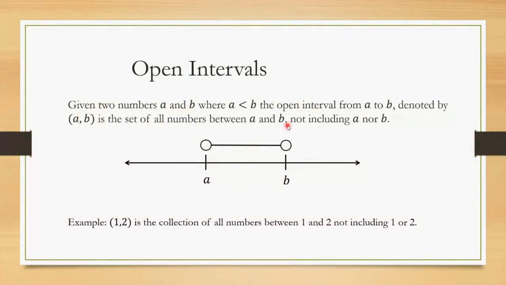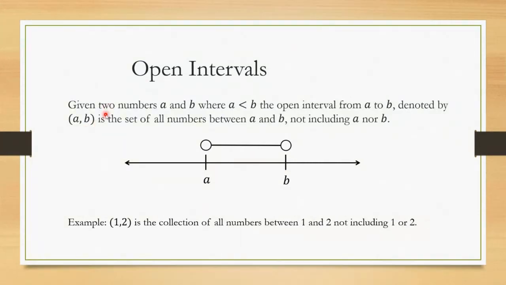This is actually how we graph this open interval. We mark off A and B on the number line.